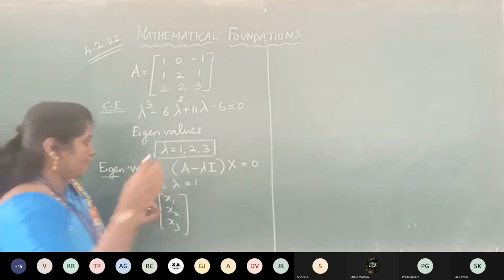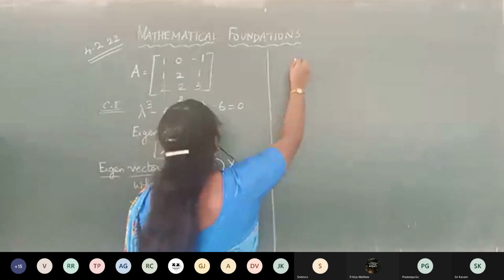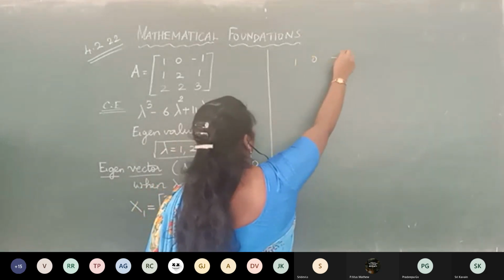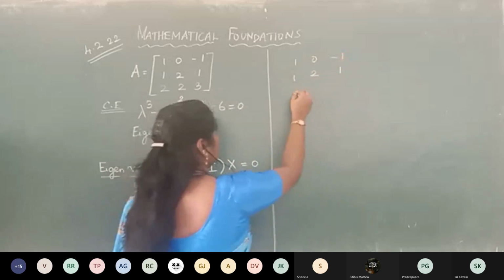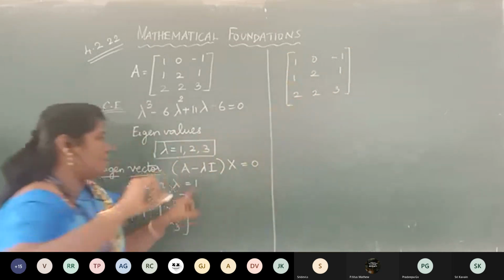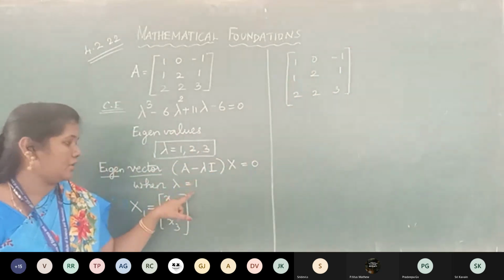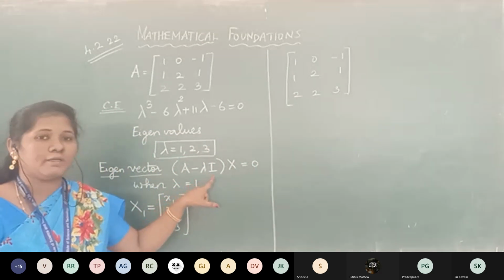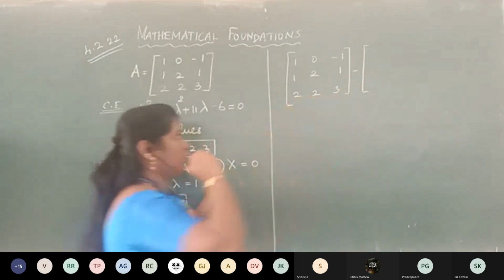So when lambda is equal to 1, your given matrix A, I will write 1, 0, minus 1, 2, 2, 3. Okay, this is your given matrix. Minus lambda, which is 1, into your identity matrix.